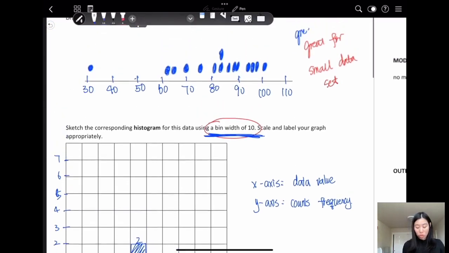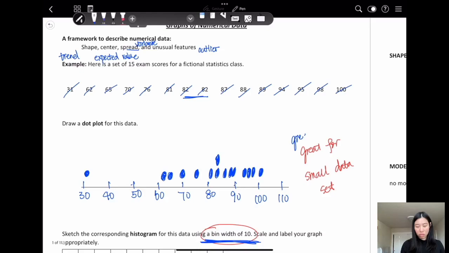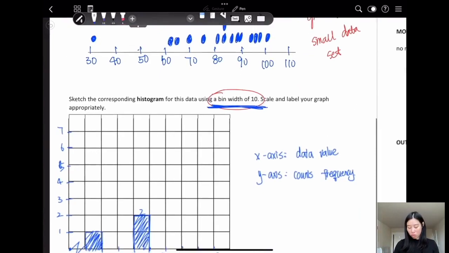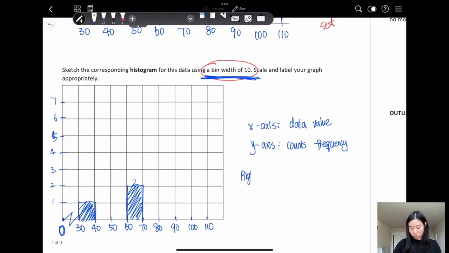Okay, you might ask me, so 70, should I put 70 into the bin from 60 to 70 or 70 to 80? In fact, there's a rule called the right-hand rule, which means that if the data is on the edge of the bin, such as 70, it goes to the right hand.